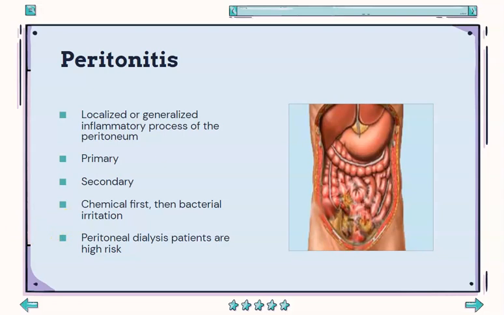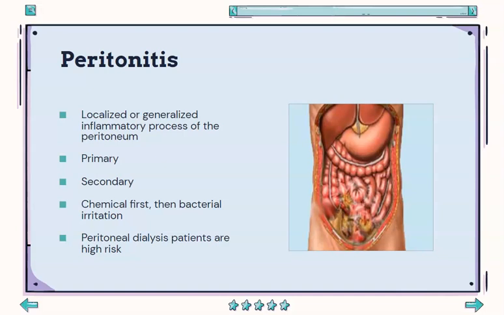You have primary and secondary peritonitis. Your primary peritonitis is really a spontaneous bacterial infection, most commonly seen in our liver failure patients. They have ascites, they've got some cirrhosis, and that added fluid in the peritoneal cavity just really creates that perfect environment for bacteria to grow and cause an overall infection.